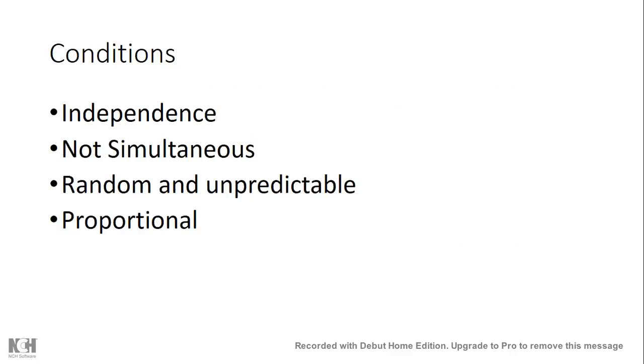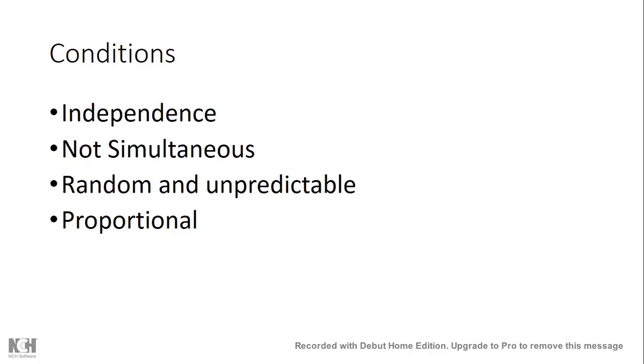Now the conditions that they will want you to talk about if you're trying to justify using a Poisson, the main things are independence. The events have to be independent of each other. The events cannot occur simultaneously, either in space or in time. The events must be random and unpredictable.